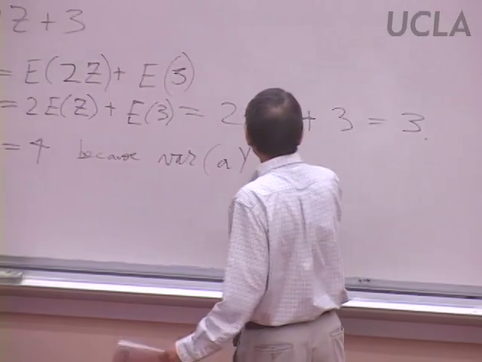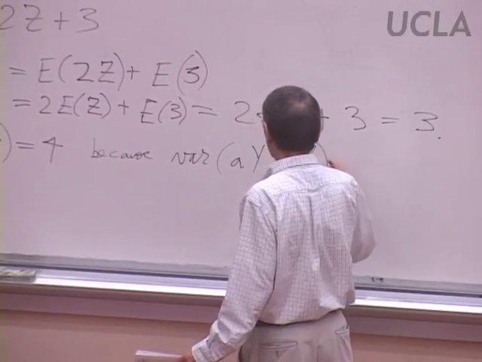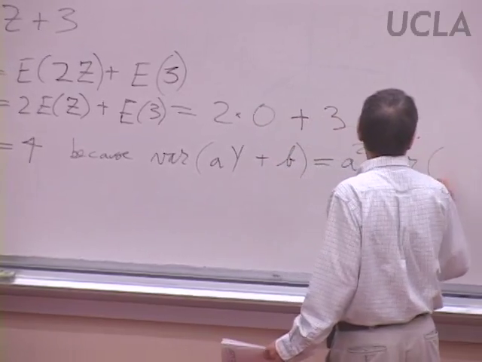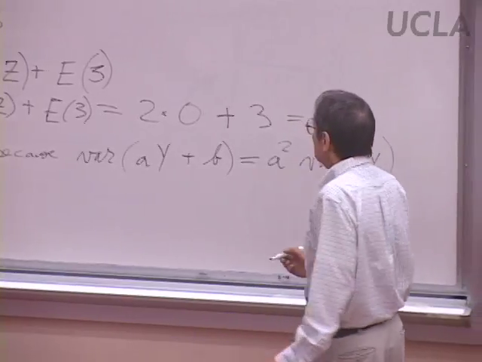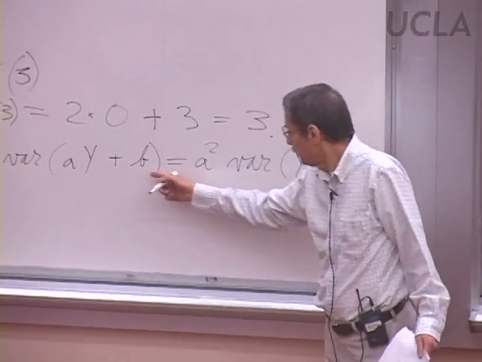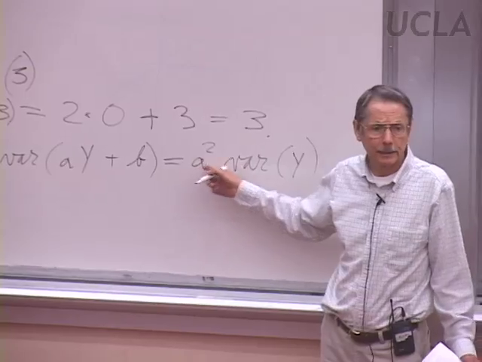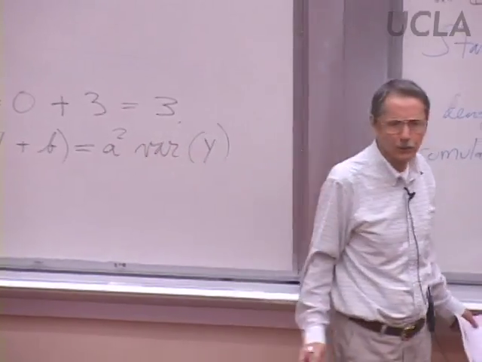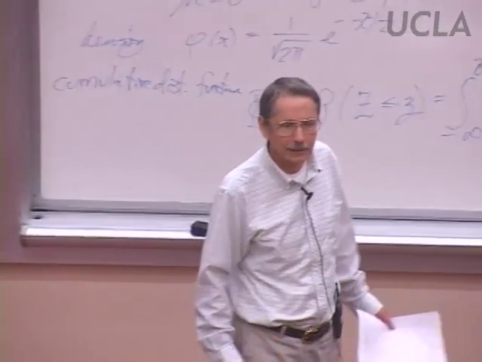And if you add a constant to it, that doesn't affect the variance at all. The variance gets multiplied by a squared. It's a formula that you all knew once, and it wasn't that long ago.